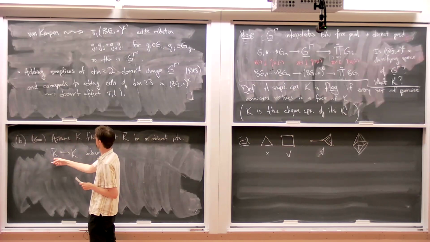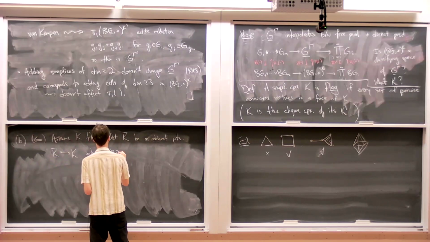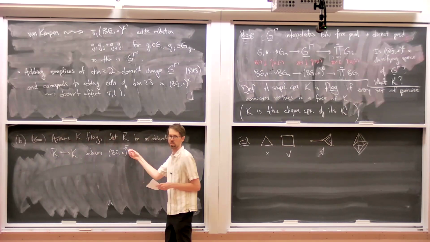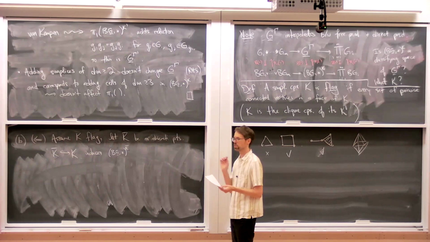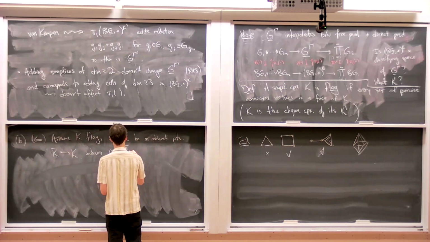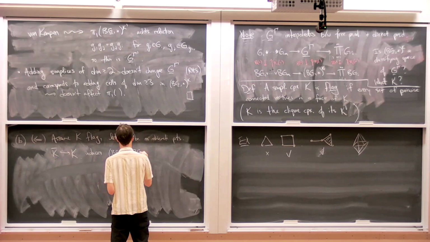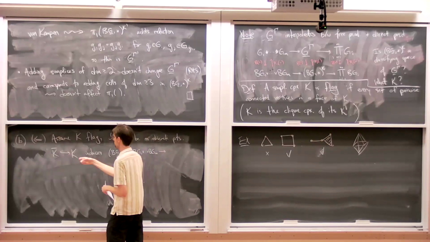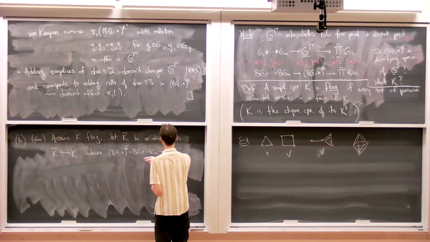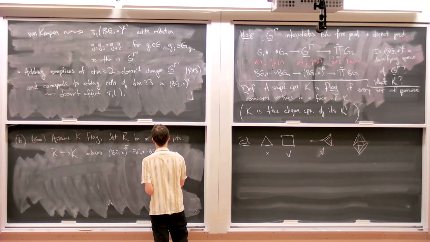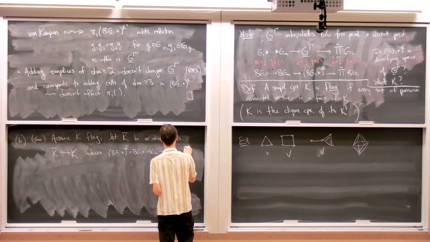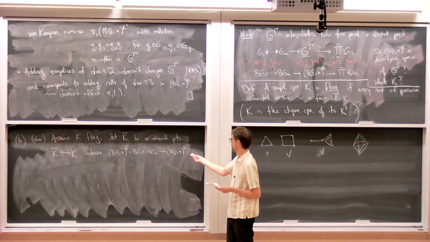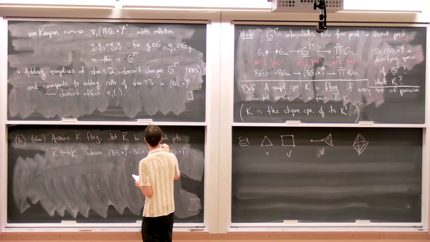And the polyhedral product (BG, a point) for M discrete vertices is just the wedge. It's inducing the inclusion of this wedge of these ingredient spaces into our polyhedral product, (BG, star) to the K, whatever that is. I'll call that map I.